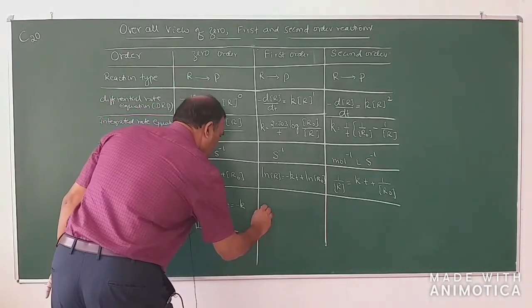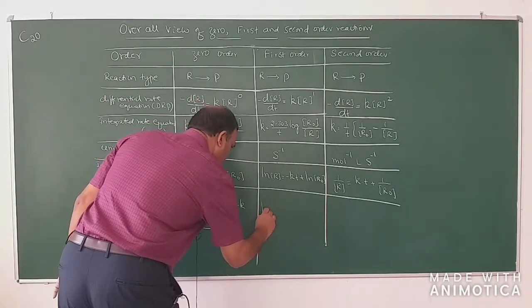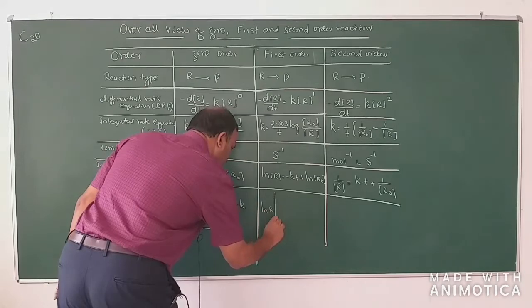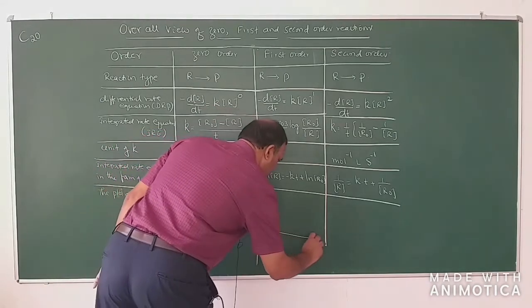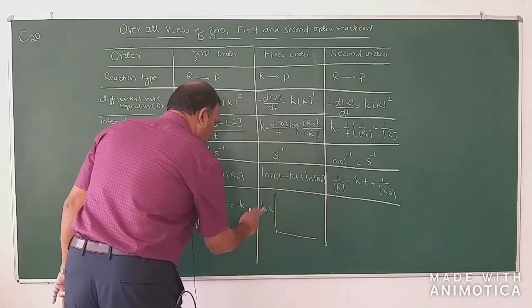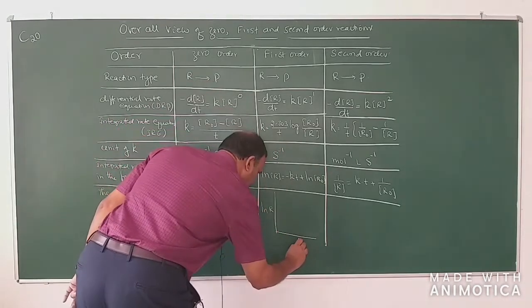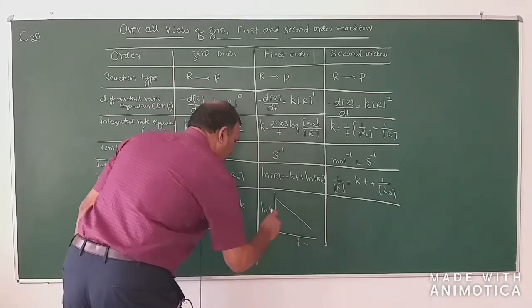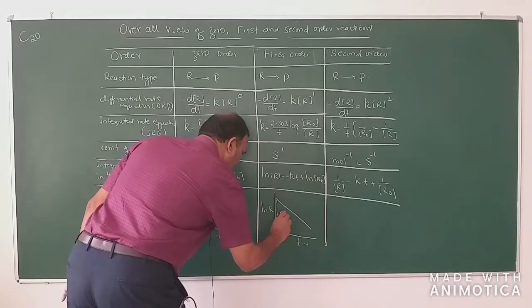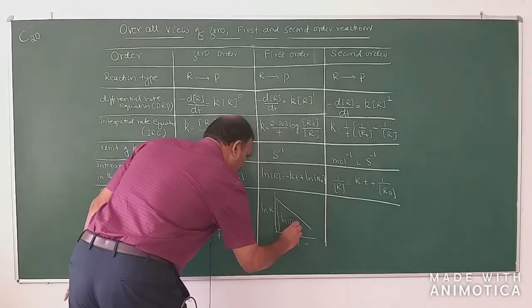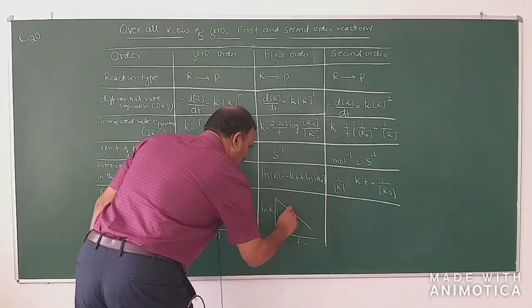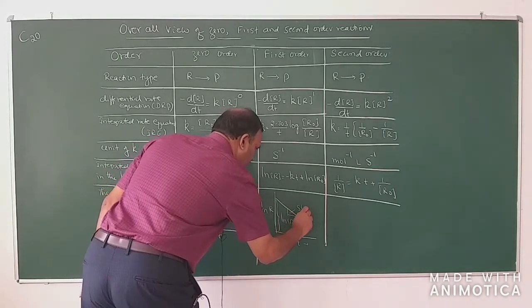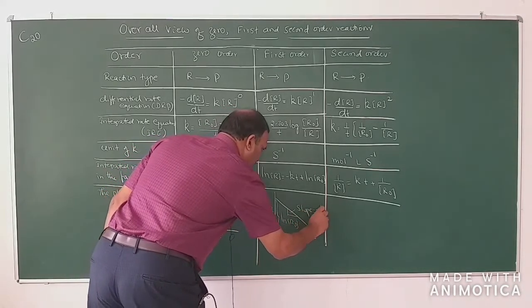This is log R for first order reaction. Remember, you have to plot log R versus T. You will get a similar straight line. The intercept gives log R naught and the slope equals minus k.